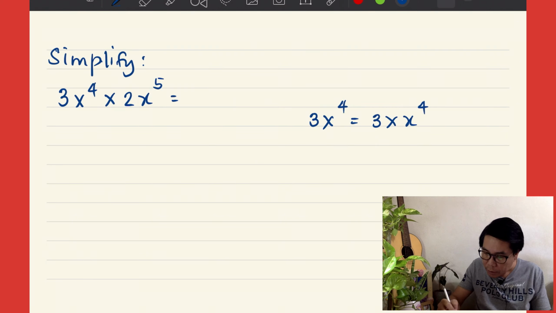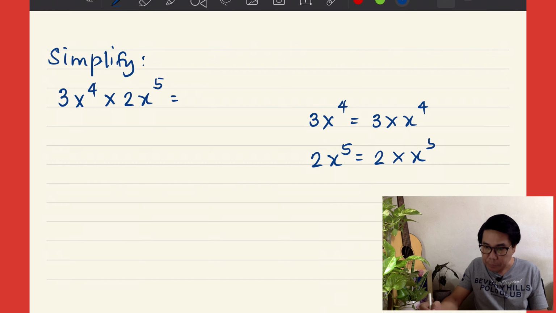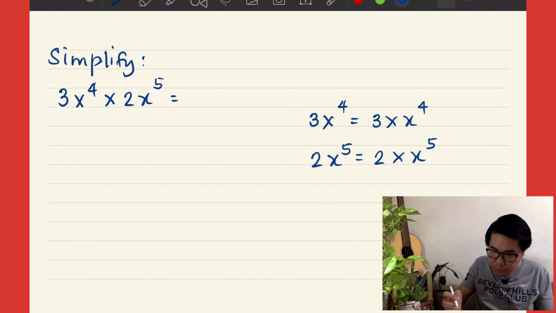The other one, 2x to the 5th, is equal to 2 times x raised to the power of 5. So the coefficient of x to the power of 5 is 2.